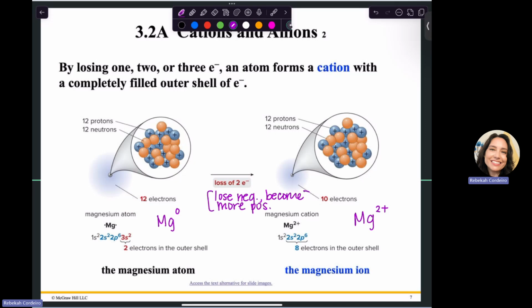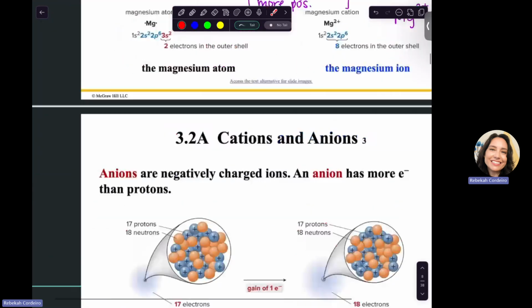So plus in the charge sense doesn't mean add electrons. And we can't add protons because then we change the element's identity. So we're only dealing with adding and removing electrons. And we change the name. We say magnesium atom when it's neutral, magnesium ion when it's charged.